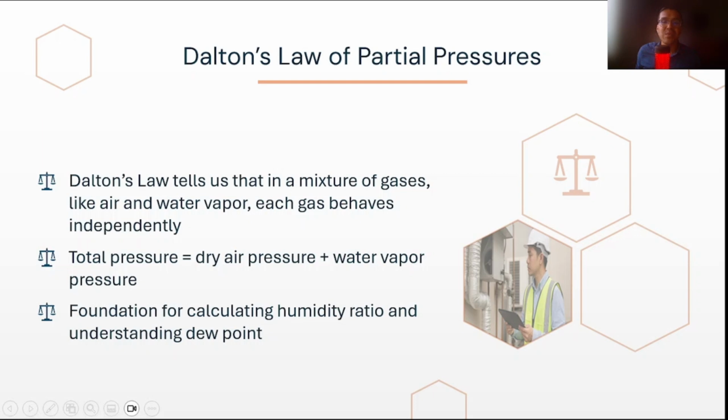Similarly, the dew point temperature, the point at which moisture begins to condense from the air, is determined from that same vapor pressure. Knowing the contribution of water vapor to the total pressure helps us predict condensation, which is critical in comfort and system efficiency. Dalton's law gives us the tools to measure, predict, and control these invisible but essential air properties.